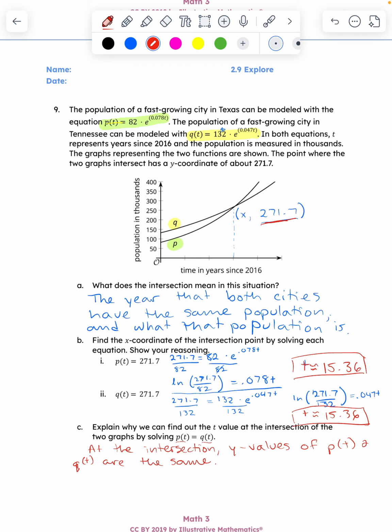So thus, at the intersection, at whatever t value gives us that intersection, p of t will equal q of t.